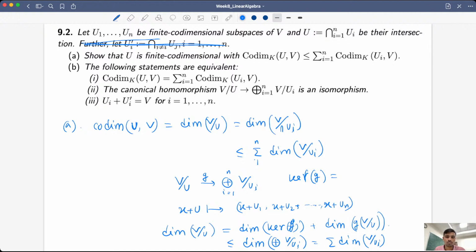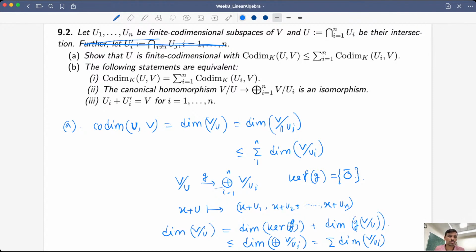So the kernel of G is nothing but 0 only. So G is an injective map, and the dimension of the kernel of G is 0. So whenever G is onto, you have equality, and with onto-ness you have this dimension equality and an isomorphism.